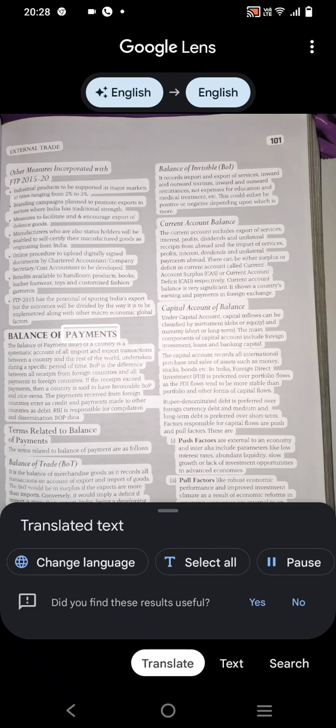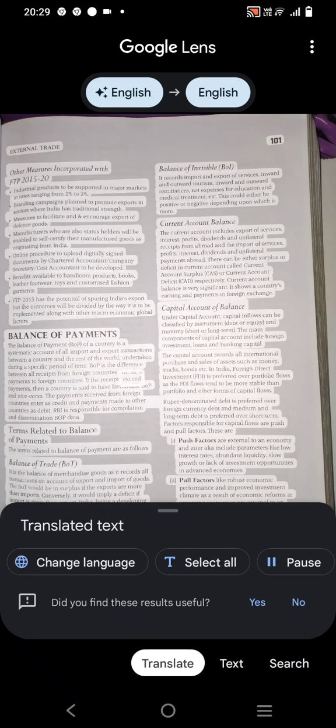Balance of payments. The balance of payments, BOP, of a country is a systematic account of all import and export transactions between a country and the rest of the world, undertaken during a specific period of time. BOP is the difference between all receipts from foreign countries and all payments to foreign countries.